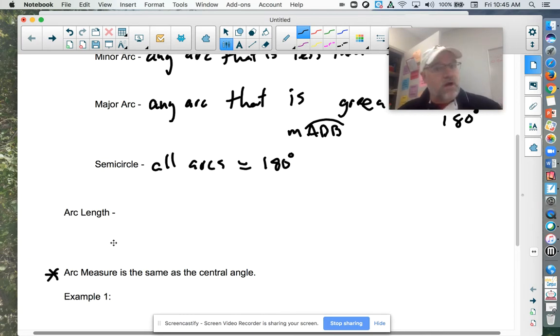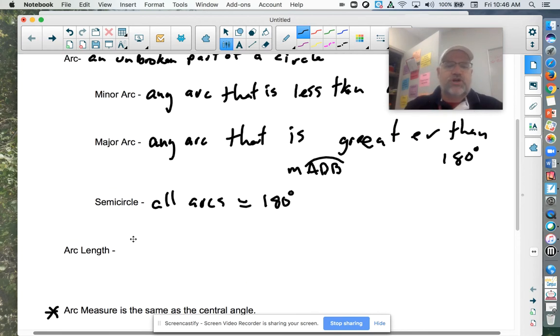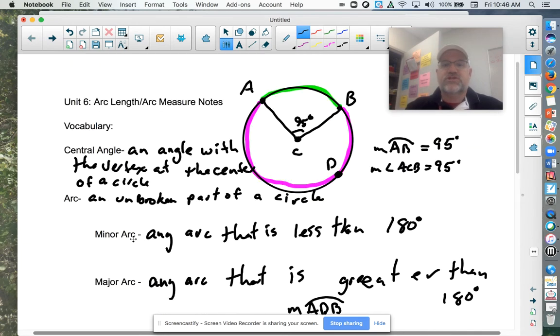Now, the difference between arc measure and arc length is that arc length is actually the distance, like in inches or feet or miles or centimeters or whatever. So if I was talking about this arc length, I'm actually talking about the distance from A to B traveling along that arc.